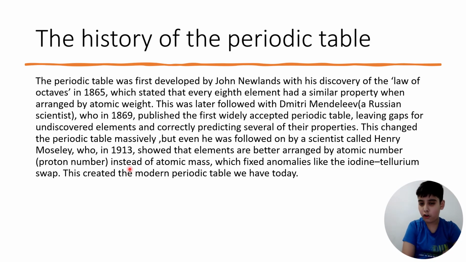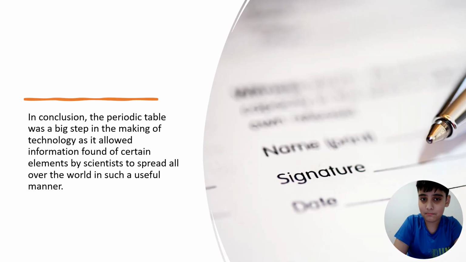This fixed a lot of anomalies like the iodine-tellurium swap. You may see this in old periodic tables. So yeah, it's a pretty big thing. This was the last scientist who fixed the periodic table to what we have today. This created the modern periodic table.